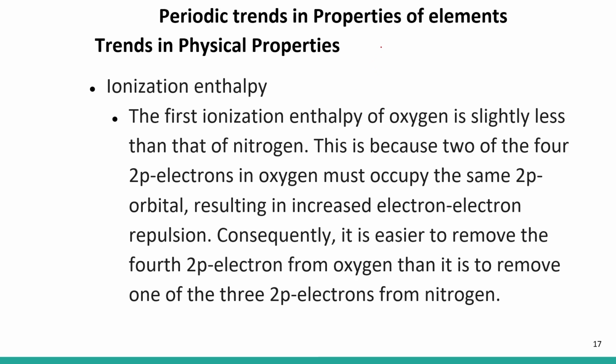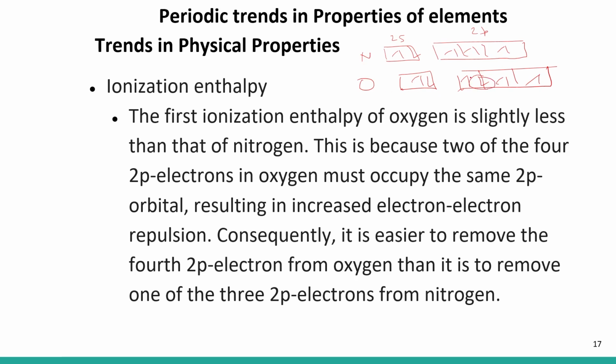The answer is behind the electronic configuration. If you see the outermost electronic configuration of both of these, it is 2s, 2p, this is for nitrogen, and if you take it for oxygen, it is 2 electrons. So if you want to remove this electron, it is easier to remove from oxygen.